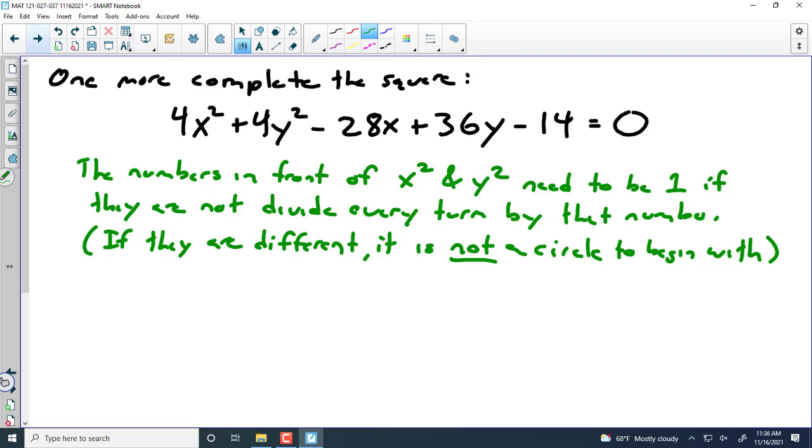So everyone, in order to complete the square, you cannot do it unless the numbers in front of x squared and y squared are 1. So you have to divide every term by that number that's in front of them. And if they have different numbers, like one of them had a 4 in front of it and the other had a 5, then it's not a circle anyway, so it's not a problem we'd be doing in this section. So it's okay. They should always be the same.